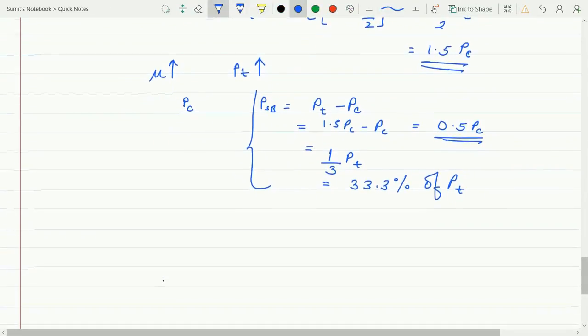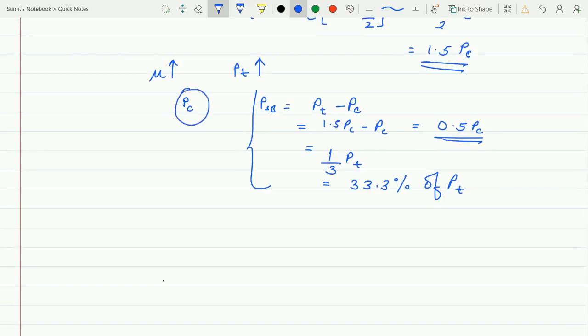Now friends, if you see, the carrier part is the part we do not actually require, because your carrier does not have any information. The main purpose of modulation is to transmit the message signal, not the carrier. So the power which you are transmitting in the form of carrier is actually a wastage of power.